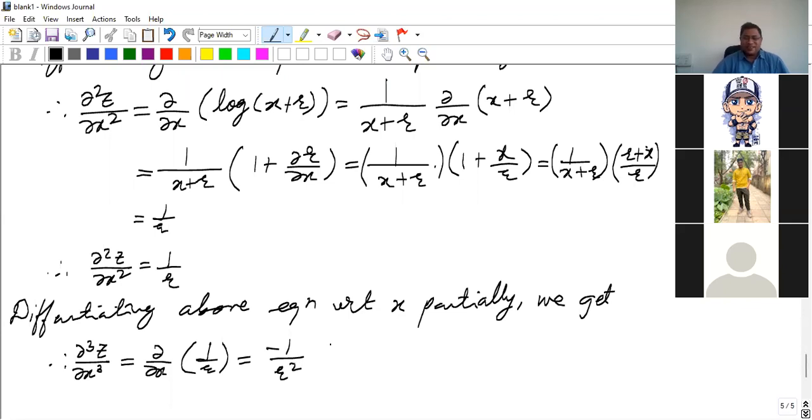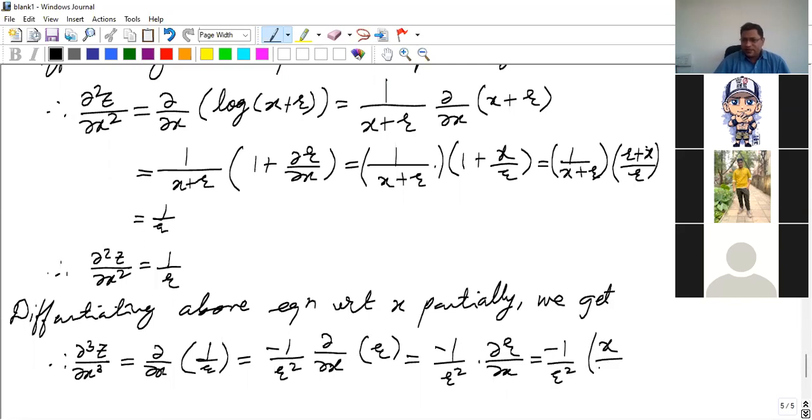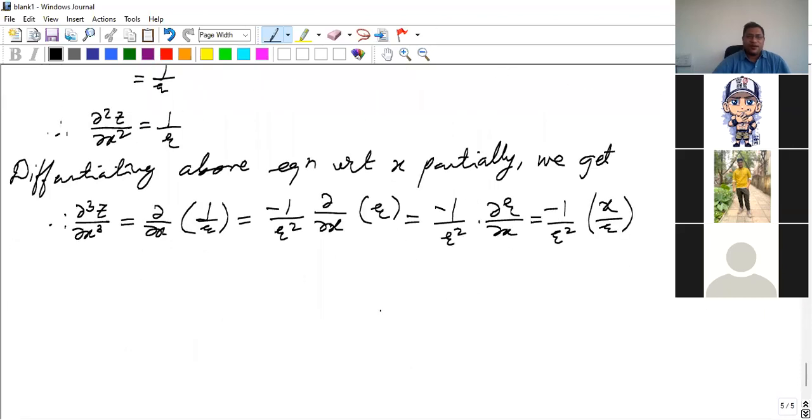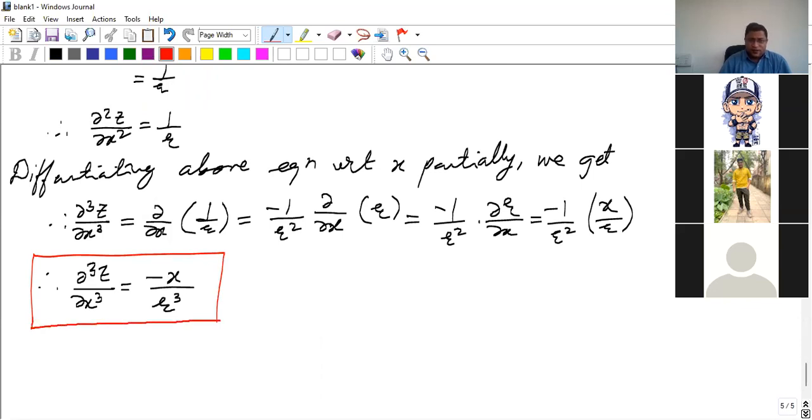No, sir, ∂r/∂x. Correct. Since r is a function of x, we have to find its derivative. So it is minus 1 upon r square times ∂r/∂x, which is x by r. So we get ∂³z/∂x³ equal to minus x upon r cubed. This is the final answer that we wanted.